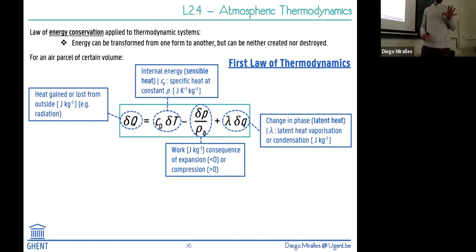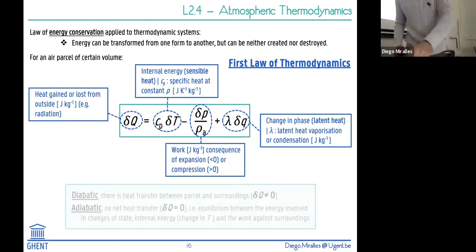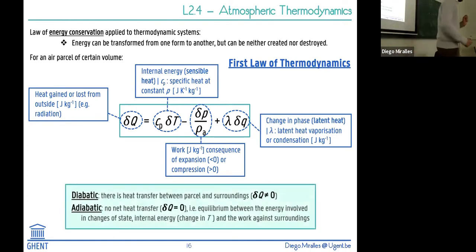I will go through it in detail, but maybe first for you to understand these two concepts, diabatic and adiabatic. Adiabatic means that you don't have any exchange of energy from the outside of your parcel of air, right?